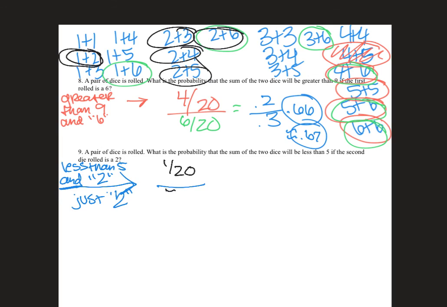That's it, 5 out of 20. So 1 out of 20 is 0.05, and 5 out of 20 is 0.25. So 0.05 divided by 0.25 is 0.2. So if I ask for percent, this would be about 20%, okay?